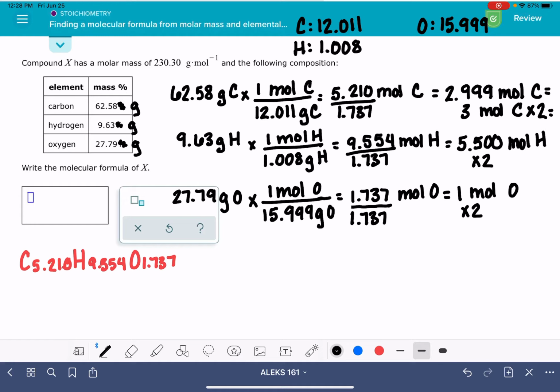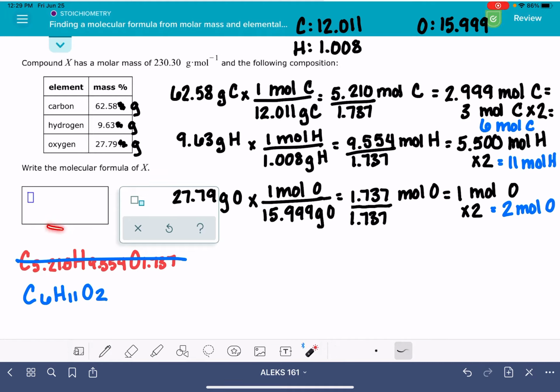If we do this, we end up with 6 moles of carbon. We end up with 11 moles of hydrogen, so that ends up being an integer, and 2 moles of oxygen. What we have figured out for this is the empirical formula, C6H11O2.